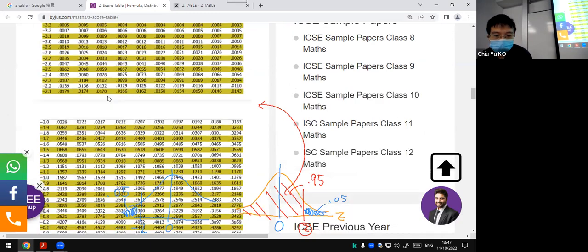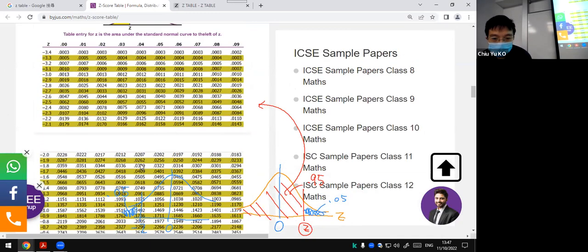It is between negative 1.6 and these two columns. That is how you get it.